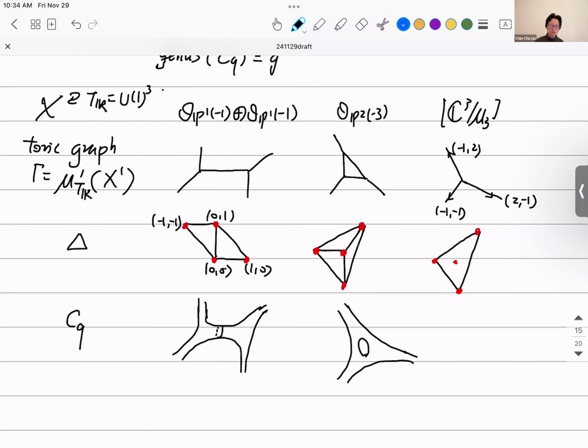And also now the edges are not only abstract, they have a length. And the length corresponds to, so you see that in this case, the resolved conifold O(-1) plus O(-1) over P1 is smooth and its Kähler moduli space is one-dimensional.